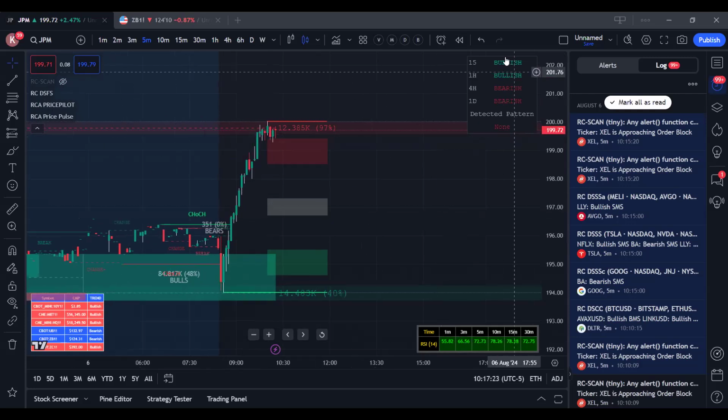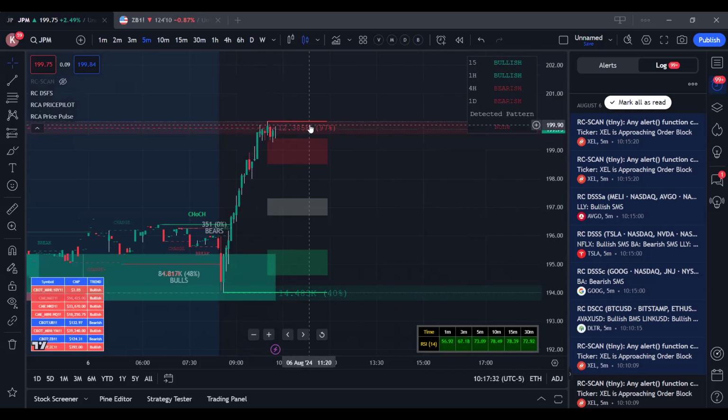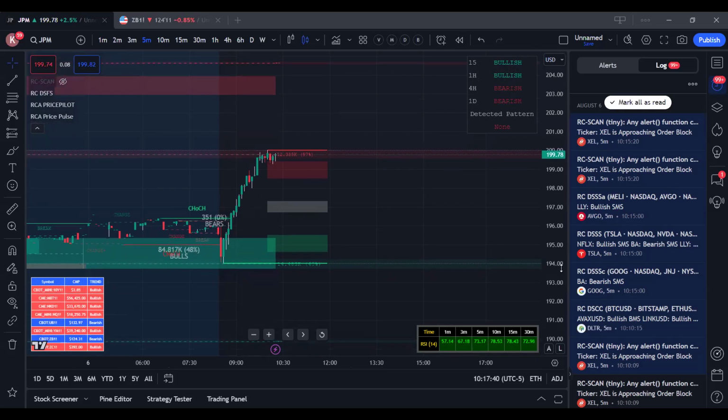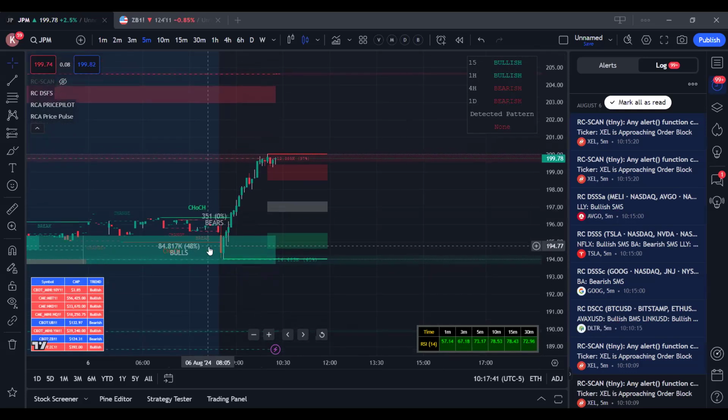Because the trend is very bullish, your overall momentum is bullish. It is a little risky to buy the puts or sell the calls here, even though it is at the top. So here you see 84,000 bulls. Here it is only 12. And also, we don't want to go against the trend. So if it is a bearish ticker at the top, we'll buy the puts. If it is bullish at the bottom, we'll buy the calls.